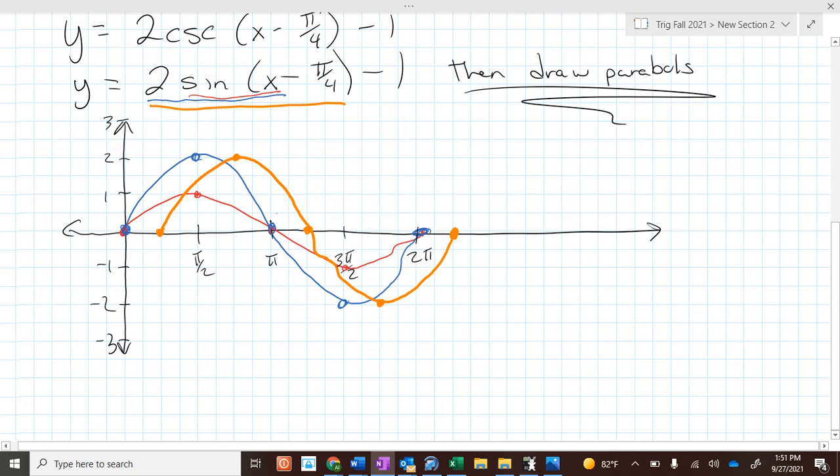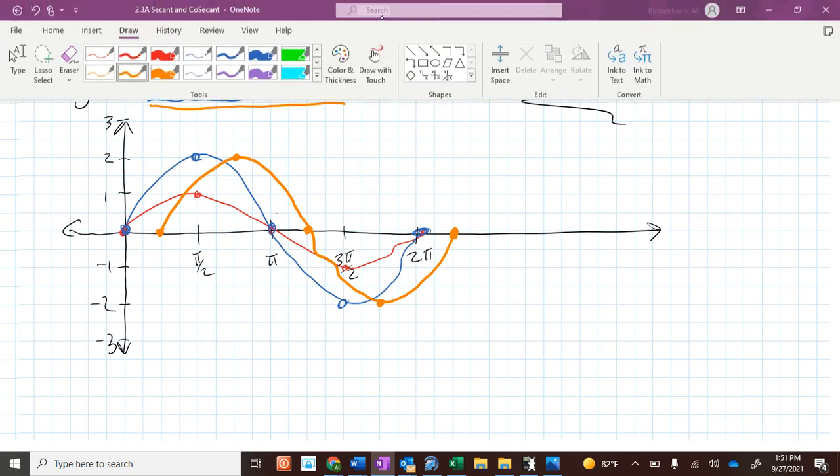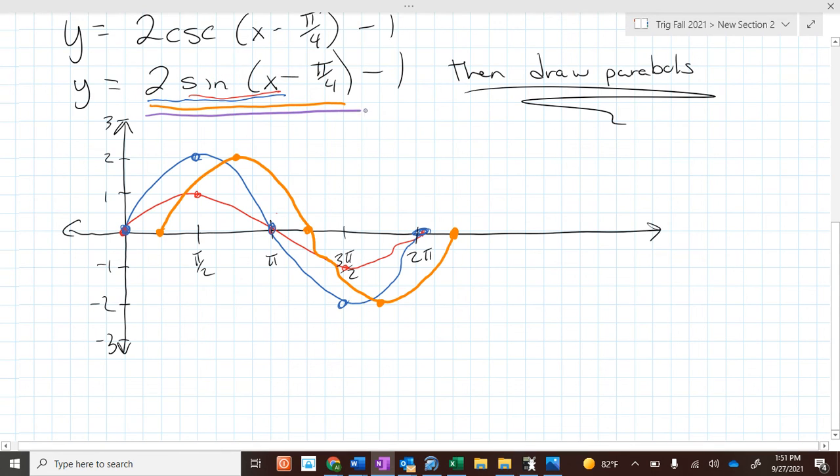Okay? Then, the last step of the sine curve is everything goes down by 1. Okay. So, asymptotes occur where? When you divide by 0. Okay?